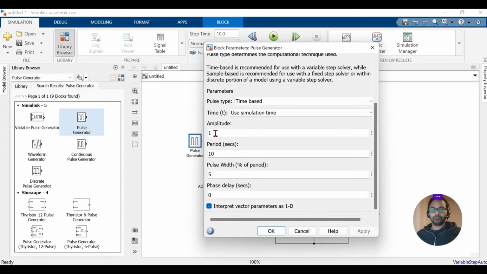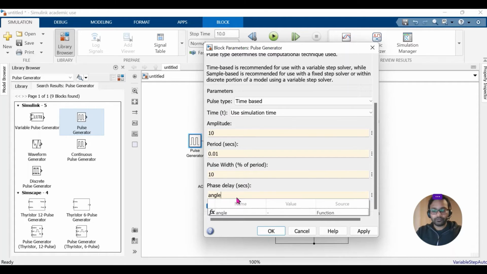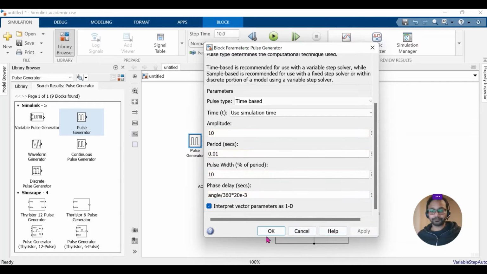The amplitude will be 10, the period will be 0.01 seconds, the pulse width will be 10, and the phase delay will be, again using the same variable, angle divided by 360 multiplied by 20 e to the power minus 3.